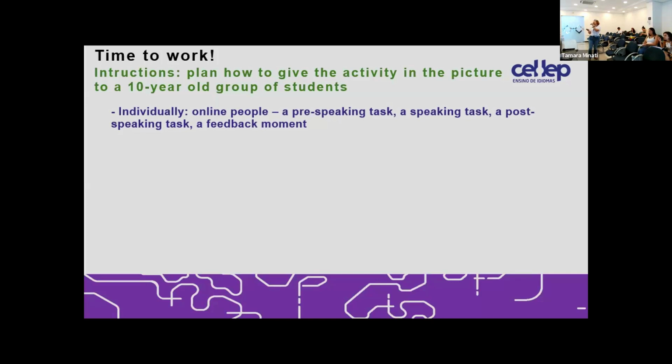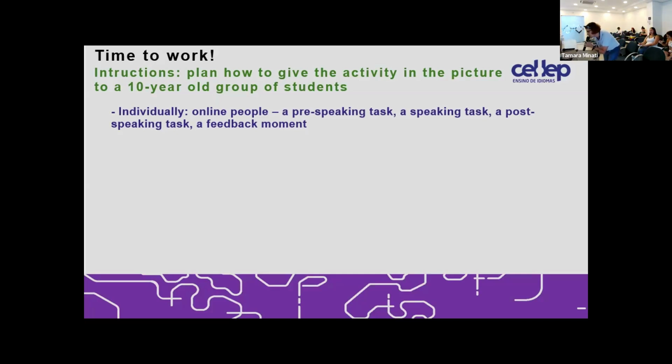So Marceli and Renata, you are going to think about a pre-speaking task. What do you understand by a pre-speaking task? Guys online, you can contribute. A pre-speaking task is something before the speaking task, just to prepare them for the speaking task.